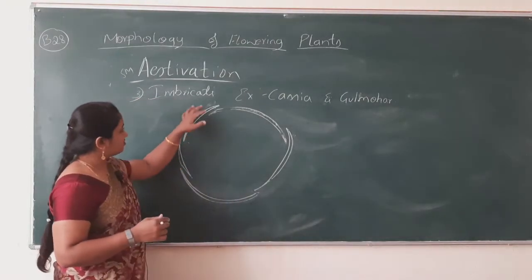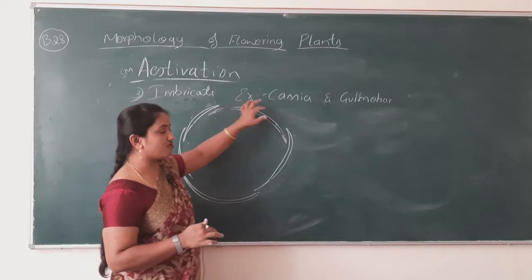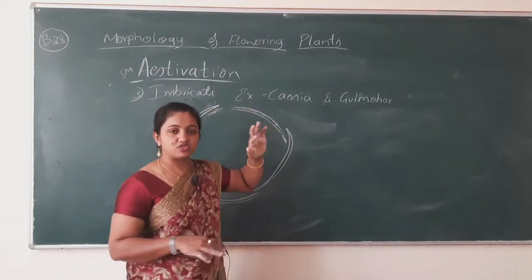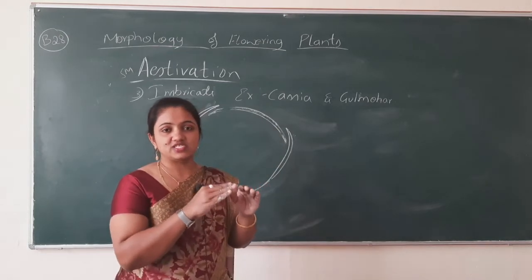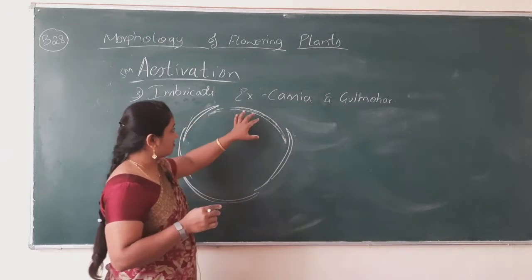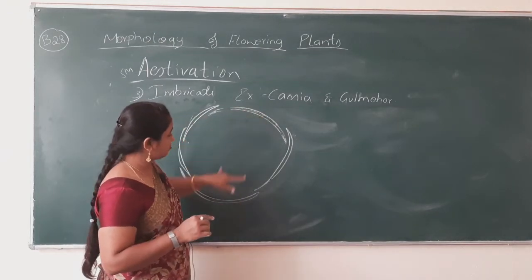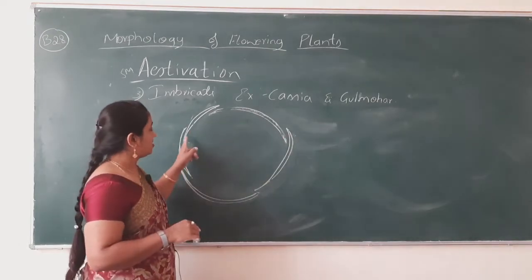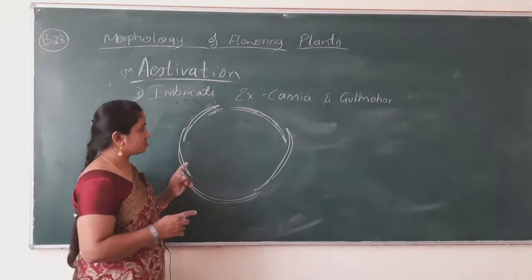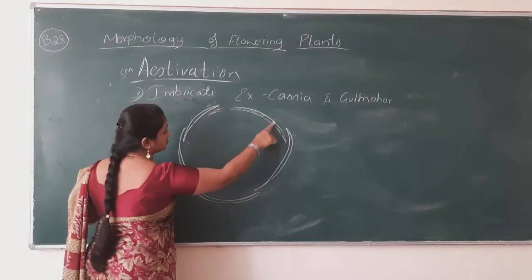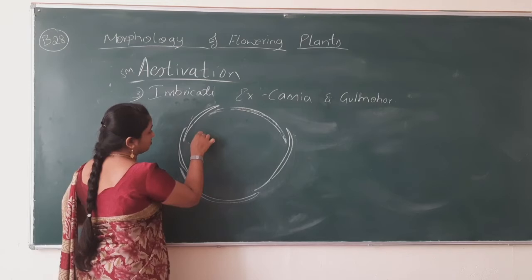Okay, so imbricate estivation is the type of arrangement of sepals and petals where it has not arranged in a particular order or in a particular manner. Some of them are completely in position, some of them are completely out in position, and some of them are in and out in position. One more thing for extra information I am telling you.